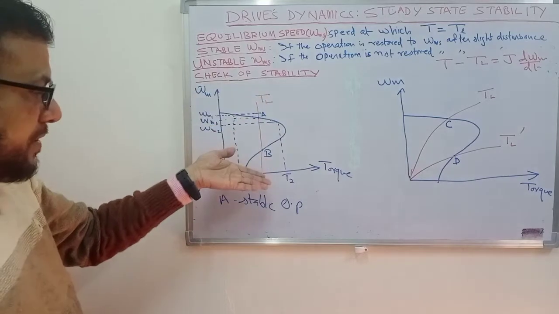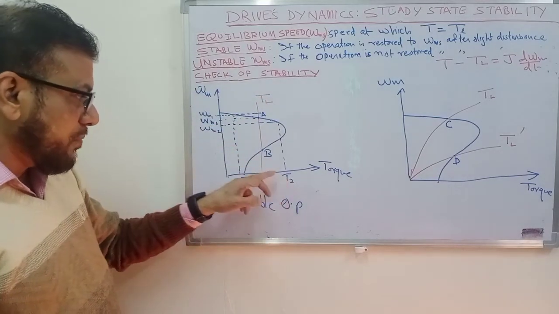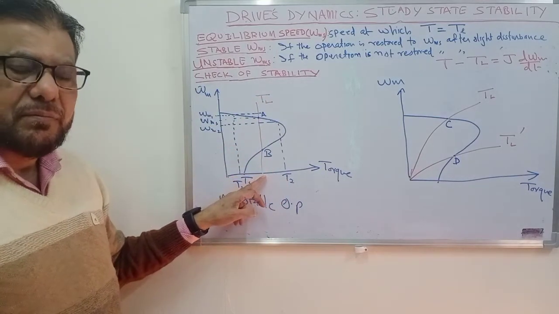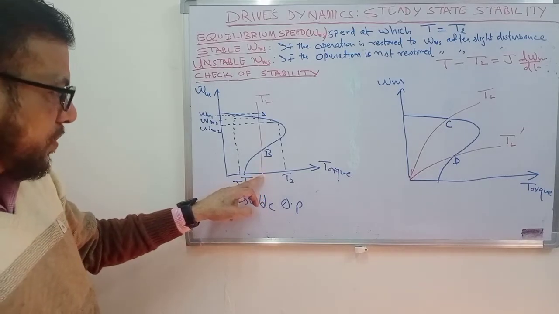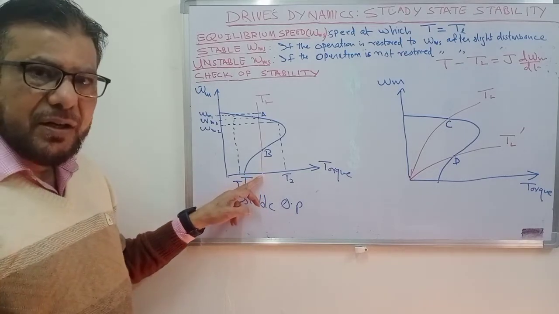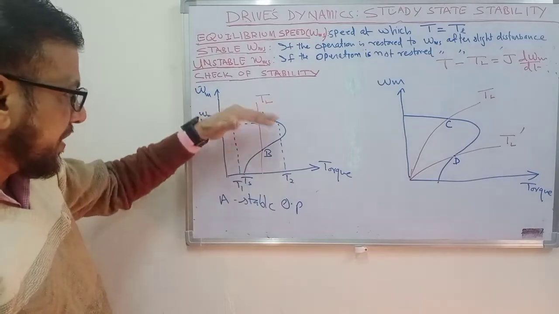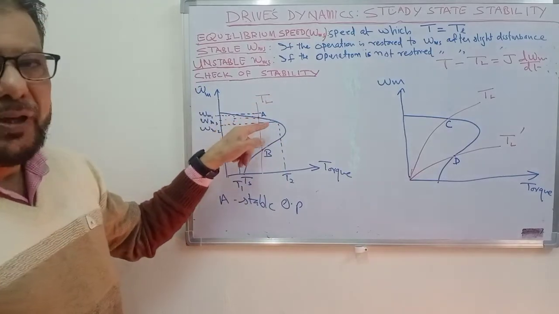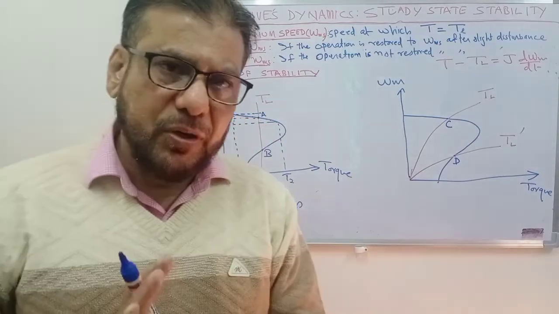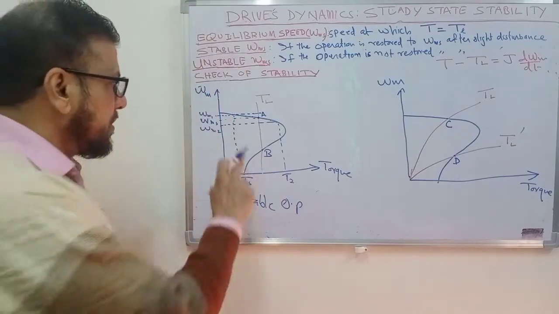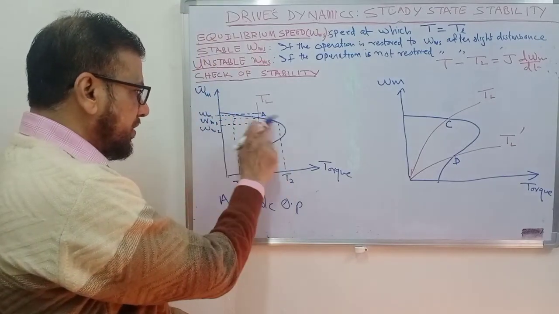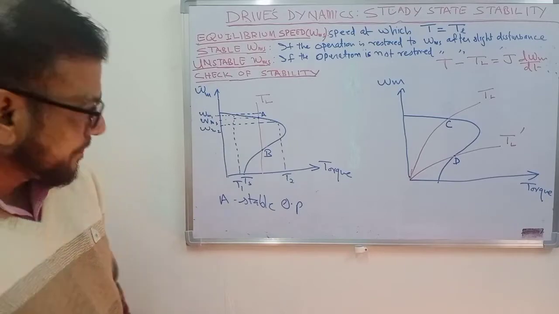Any decrease in the speed will cause motor torque to become more than the braking torque or the load torque, and the motor speed will increase, and the point A will again be restored. So point A is a stable operating point. The whole region seems to be a stable region.